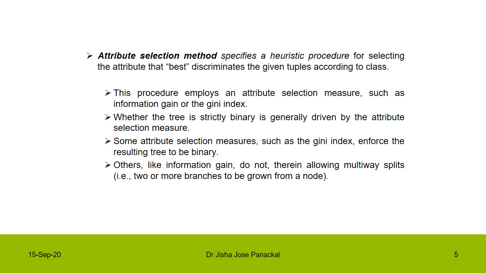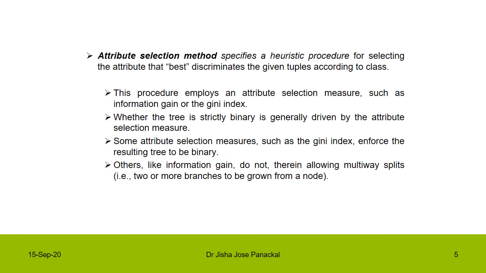Some attribute selection measures such as the Gini index enforce the resulting tree to be binary. Others, like information gain, do not, therein allowing multi-way splits. You will see what is the meaning of all this by seeing examples. That is, two or more branches to be grown from a node.